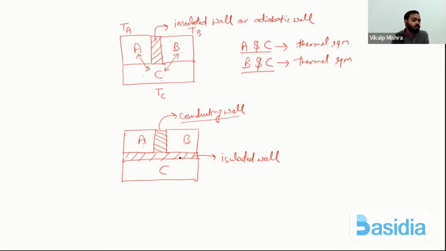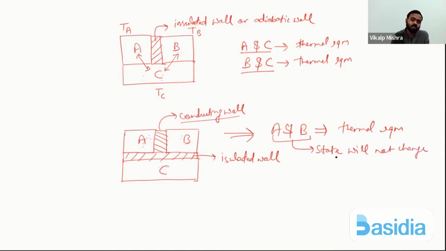So A and B are in contact, and their macroscopic properties will also not change. That means we can directly say A and B are also in thermal equilibrium, because their state will not change. State means their temperature, their pressure, these things will not change.